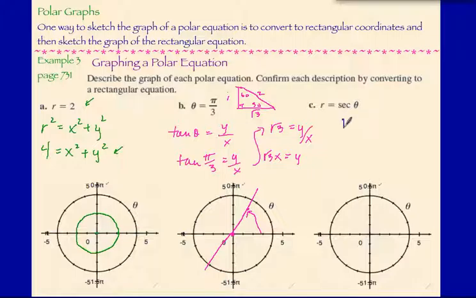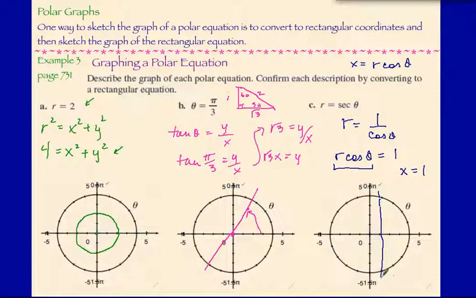Now we know that secant is 1 over cosine theta. If we cross multiply, we get r cosine theta equals 1. Do you remember what r cosine theta is? One of our relationships is x equals r cosine theta. So we're talking about the line x equals 1, a vertical line going through 1. And there you have some graphs.